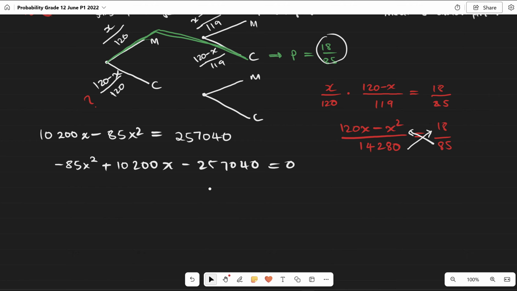To solve for x here, the simplest way is to just use the quadratic formula, because the numbers are very complicated and too big. So we know our b is 10,200. Let me just type that.